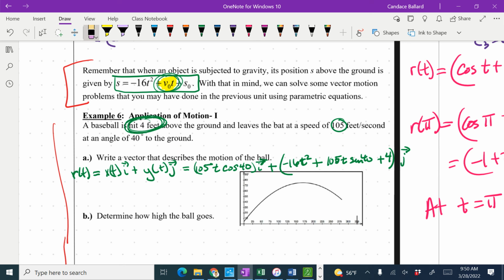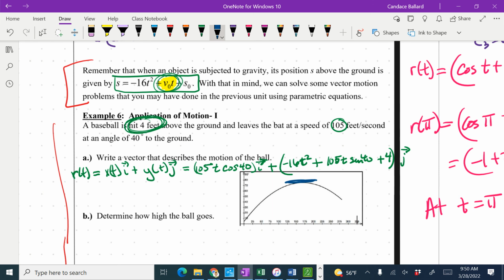All right. We're going in the Wayback Machine now because it's been a long time since we've done this next part. We're supposed to determine how high the ball goes. How high is a maximum, isn't it? So we're talking about when the ball is right there.